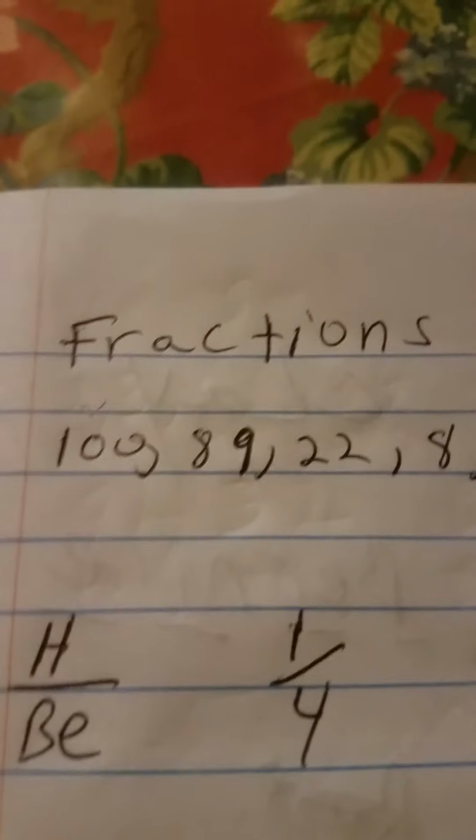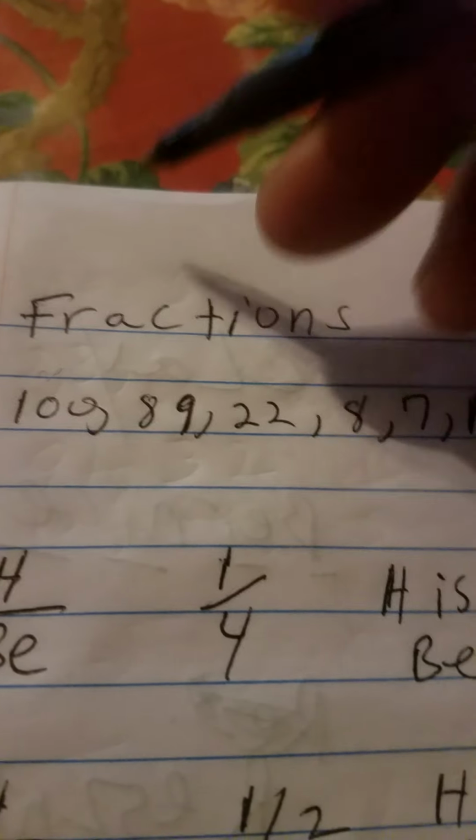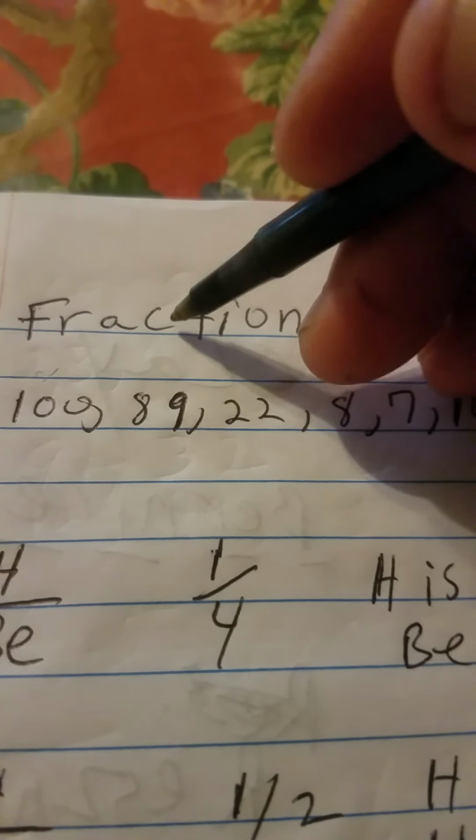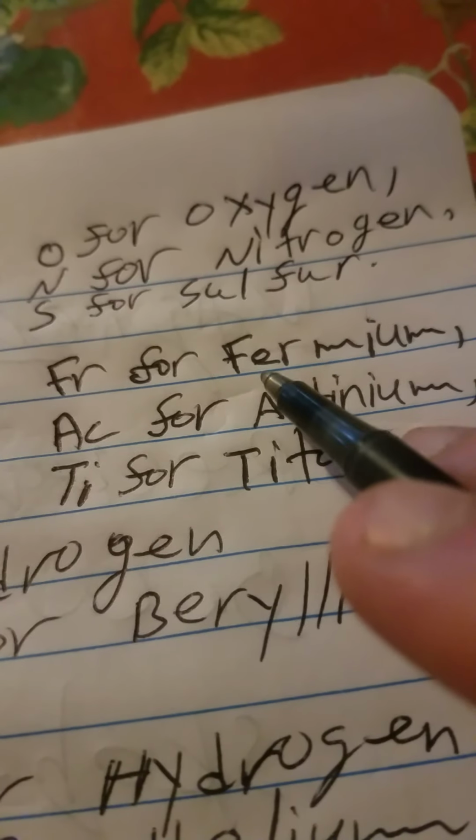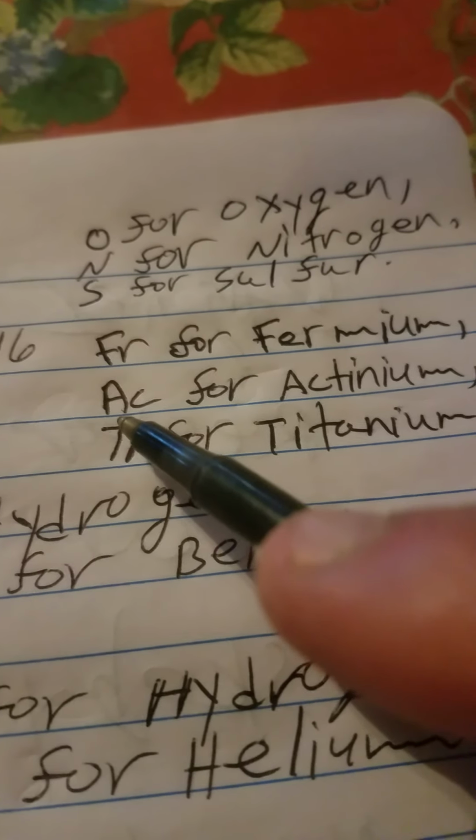Now, you can use fractions to study chemical symbols and atomic numbers. For example, let's write the word fraction. We got the FR, capital F, small r, and that's for fermium. Then we got AC, capital A and a small c, and that's for actinium.